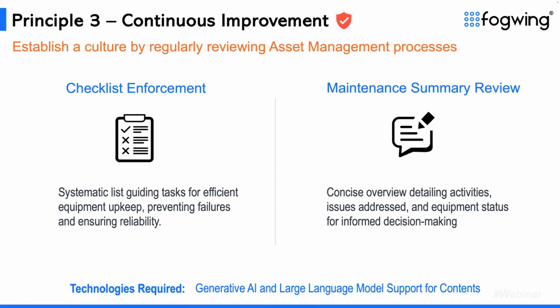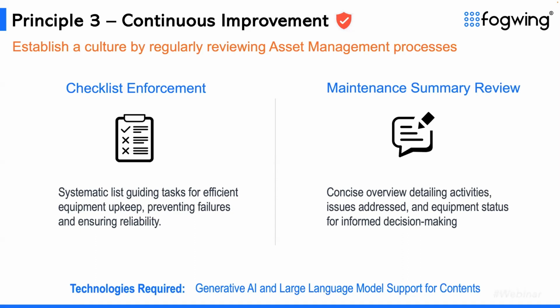So how do we create this information? Do we need to manually create all this information, or how do we write these kind of summary reports? It's very manual effort, right? So for this kind of scenario, we have a technology today. We should leverage generative AI and the LLM, the large language model, to build the maintenance context, the checklist, the summary reports.